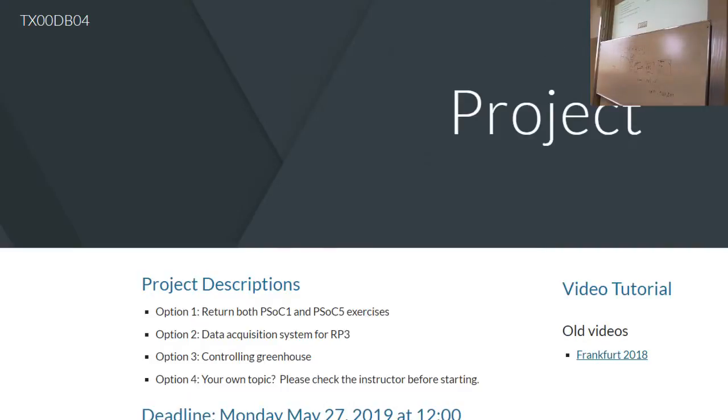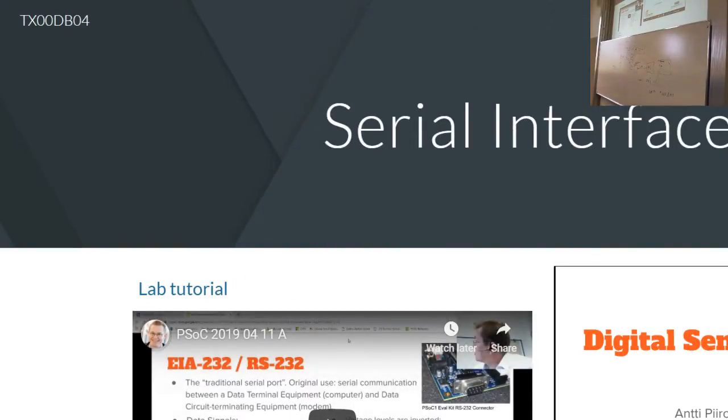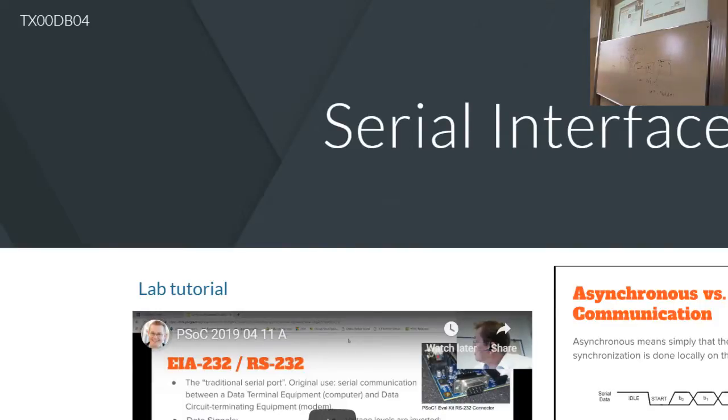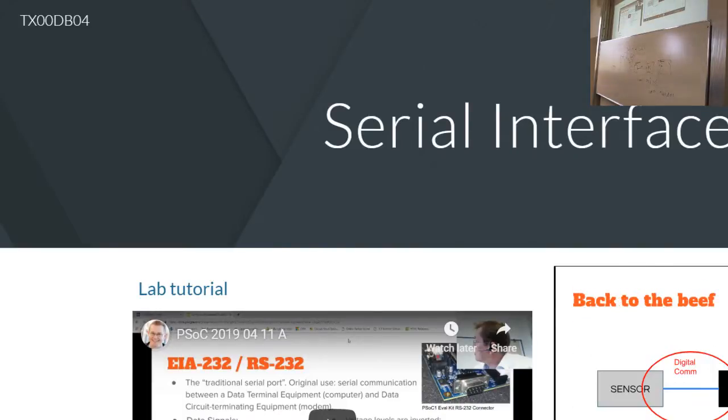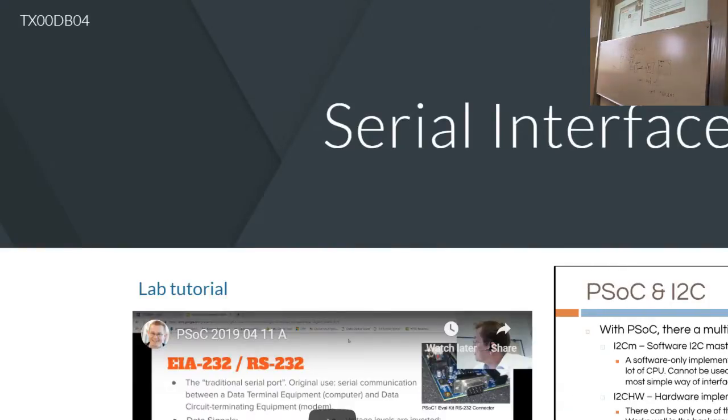Yesterday we actually went through some of the serial interfaces stuff and went through a bunch of the slides, and yesterday the fourth exercise topic was about one wire and how to employ the UART.